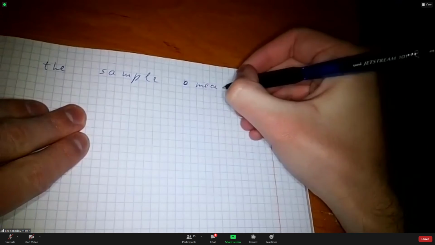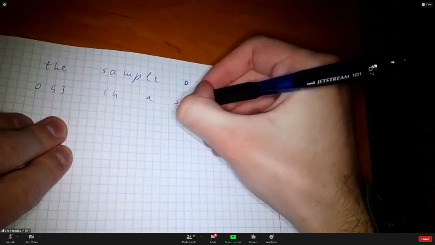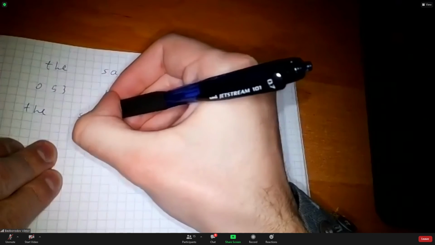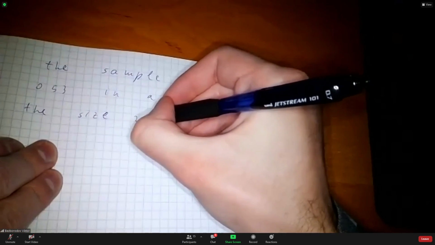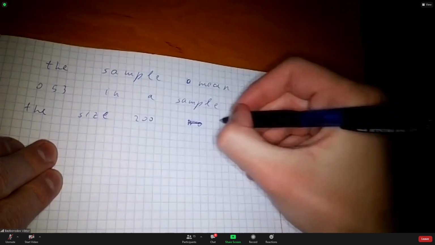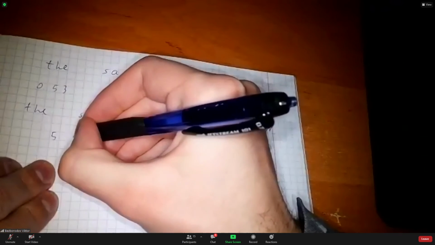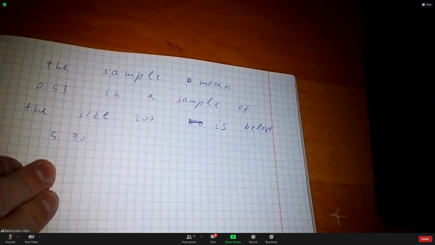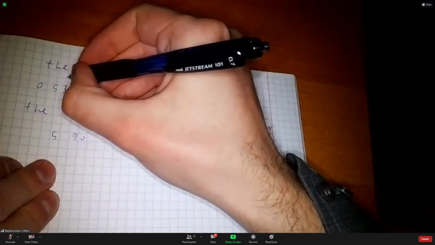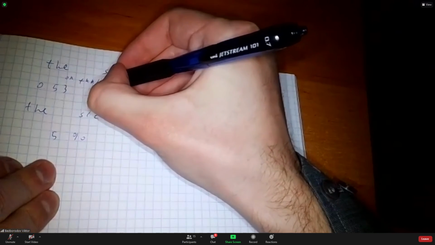So this is what we're playing, the sample mean 0.53 in a sample of the size 200 would be below 5%. Now I need to add one more thing. So 0.53 or further away. Let me just add here, or further.